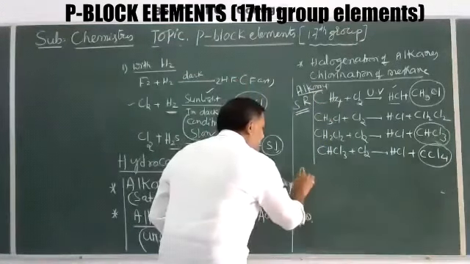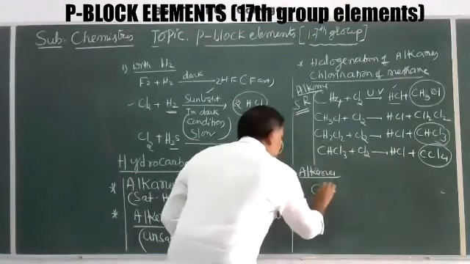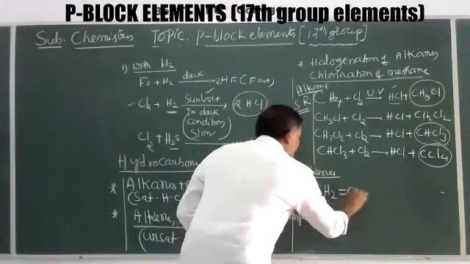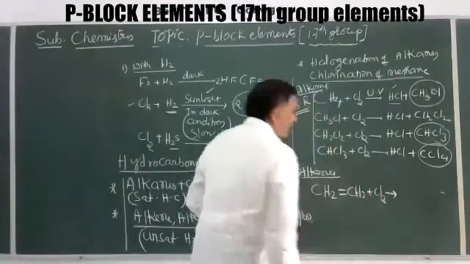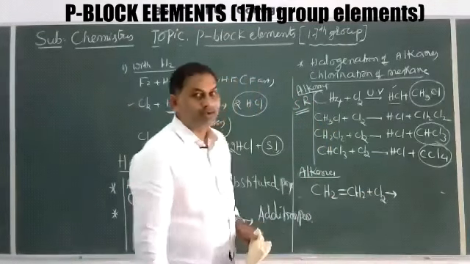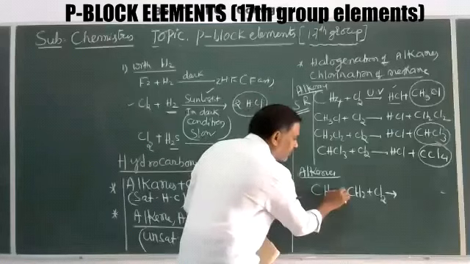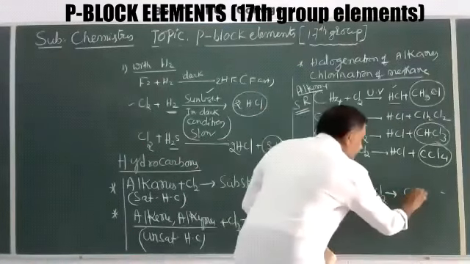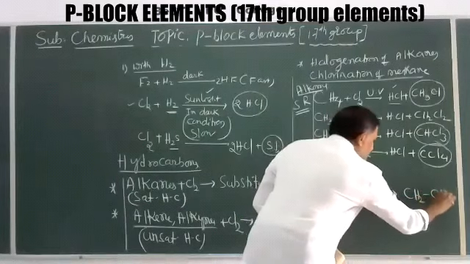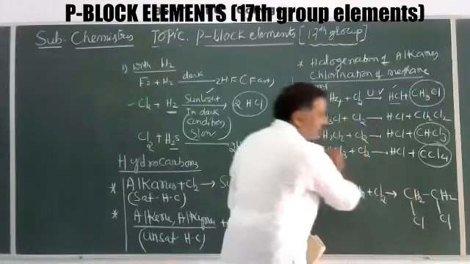Whereas unsaturated alkenes, CH2=CH2, react with Cl2 and give addition products, not substituted. It means the pi bond is ready to break, and it gives CH2-CH2 single bond, with one Cl on each carbon.